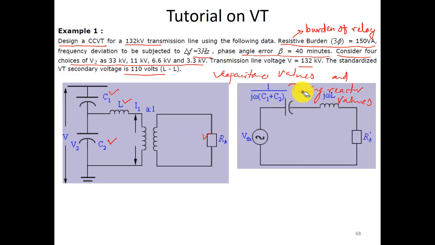After transferring RB to the primary circuit and simplifying the capacitance and reactor in the circuit, we get a simplified RL circuit, and as RB dash is transferred to the primary side, RB dash is A square RB, right?